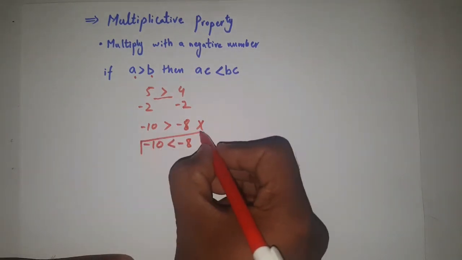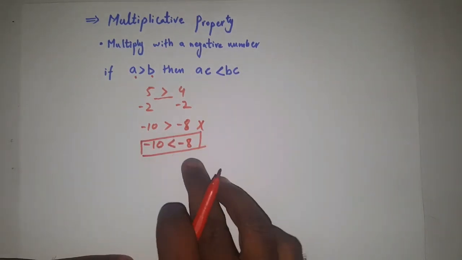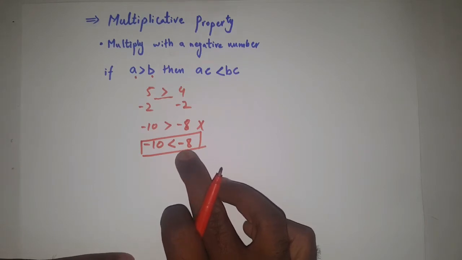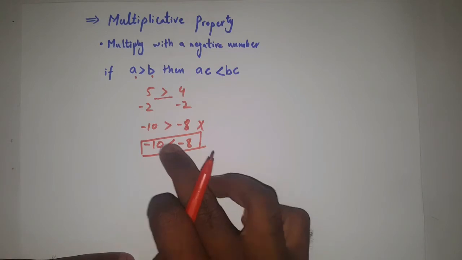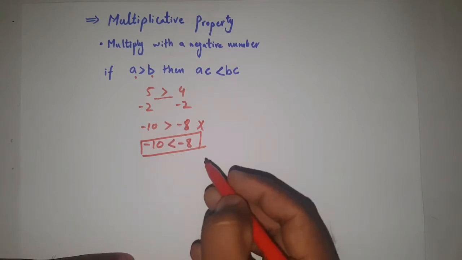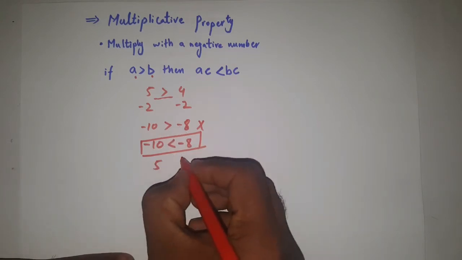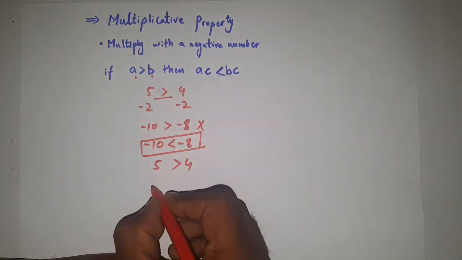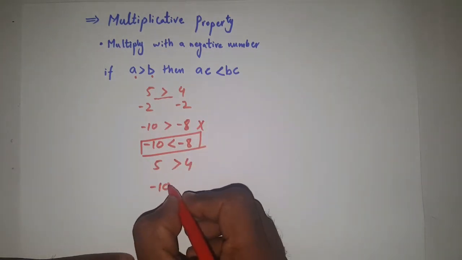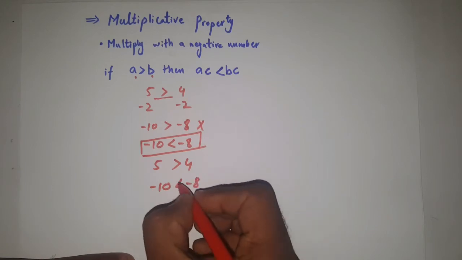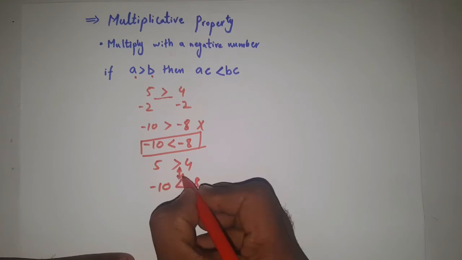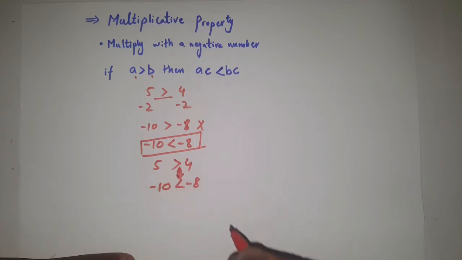So here we can see if we multiply by the negative number, the statement is reversed. The direction of inequality is flipped. 5 is greater than 4, but after multiplication minus 10 is less than minus 8. So you can see that inequality is flipped.